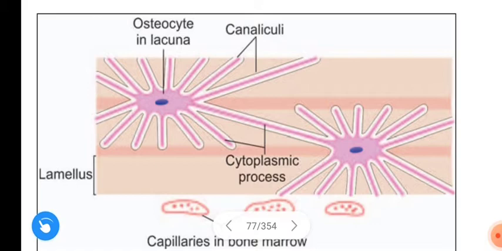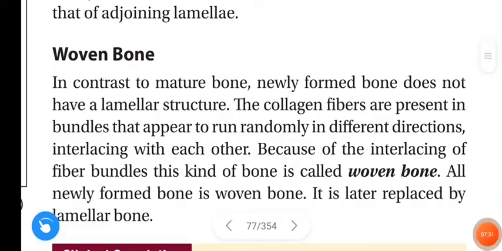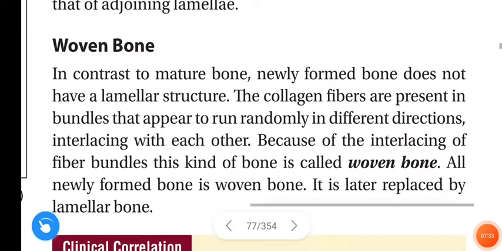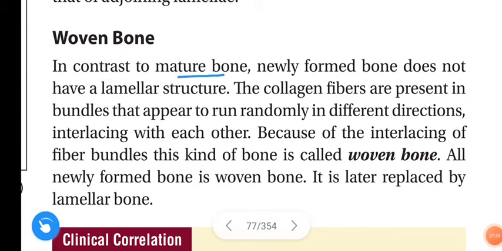Next, coming to the woven bone. In contrast to mature bone, newly formed bone does not have a lamellar structure. This newly formed or immature bone does not have any lamellar structure. The collagen fibers are present in bundles that appear to run randomly in different directions, interlacing with each other.